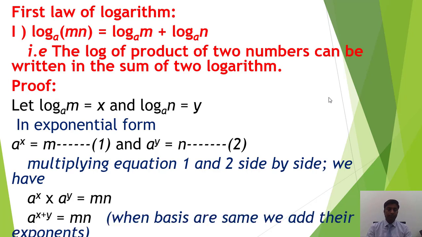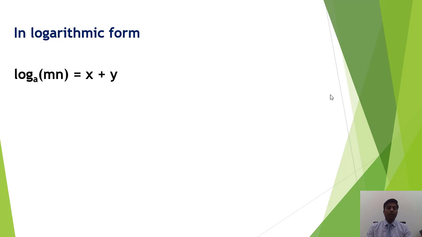A raised to power x plus y is equal to mn. When bases are same, we add their exponents. In logarithmic form, log mn to the base a is equal to x plus y.